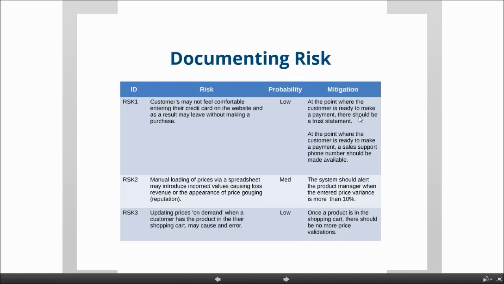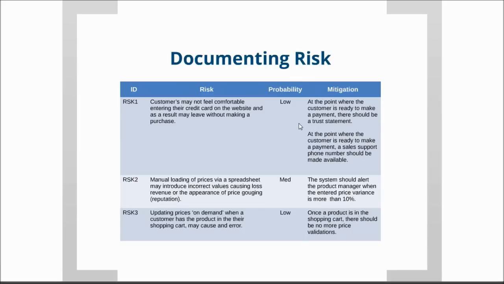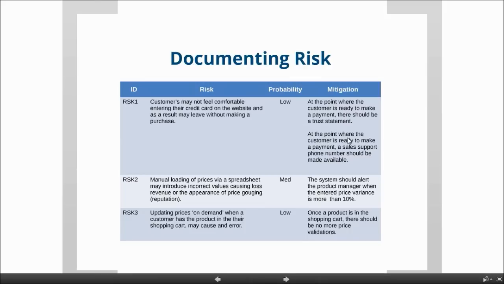Well, at the point where the customer is ready to make a payment, there should be a trust statement, something that says we are super secure and we do all the right things. And at that point, a sales support phone number should also be made available.